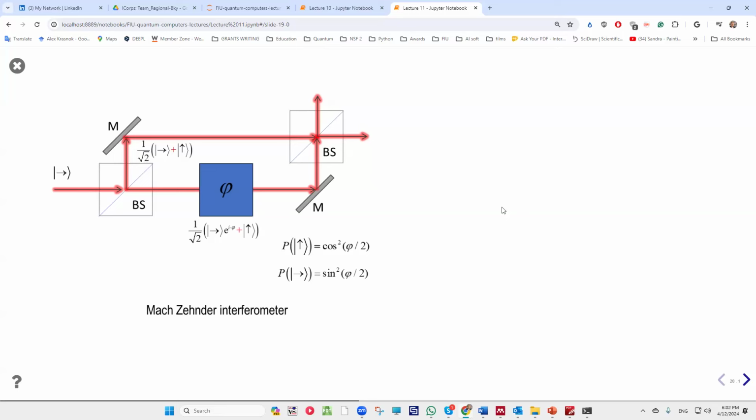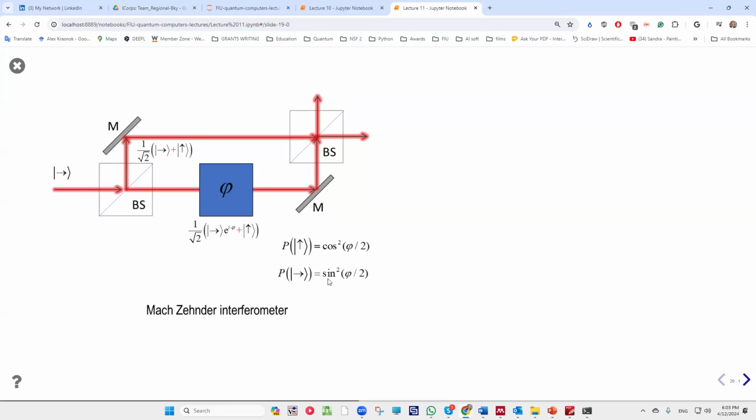Okay, so the Mach-Zehnder interferometer is a system well known for a long time, but if you look at the system from the quantum point of view, it behaves in a weird way, let's say. This is, by the way, an experimental result. People sent single photons to this interferometer, recorded the results, and the result was exactly like this.